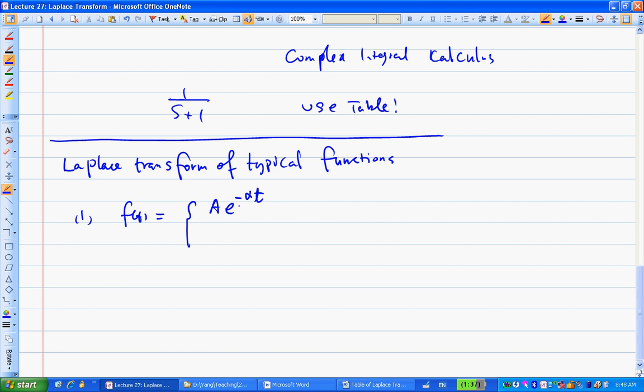Let's use a e to the power of negative at here. This is when t is greater than or equal to 0, and when t is less than 0, it's 0. That's why it's causal. What's the other way of writing this causal function instead of writing it piecewise?